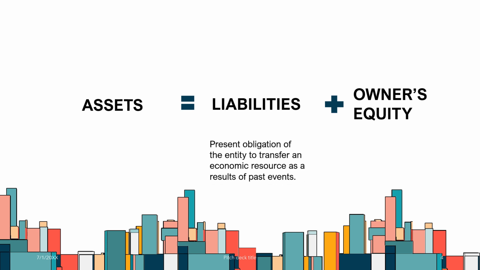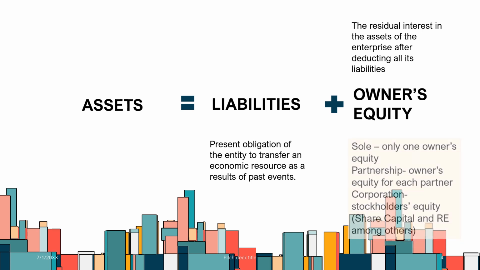Liabilities are the present obligation of the entity to transfer an economic resource as a result of past events. While owner's equity is the residual interest in the assets of the enterprise after deducting all its liabilities. And actually, this represents the claim of the owners.